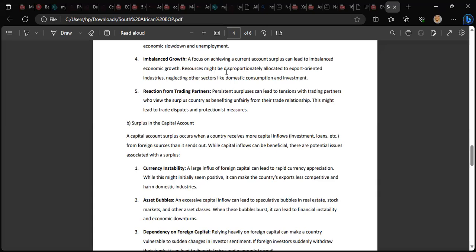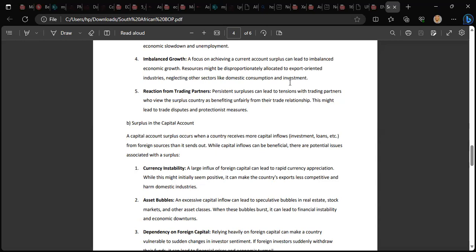Resources might be disproportionately allocated to export-oriented industries, neglecting sectors that cater for domestic consumption and investment, right? Here we'll be discussing policies such as giving these export industries subsidies and the like.